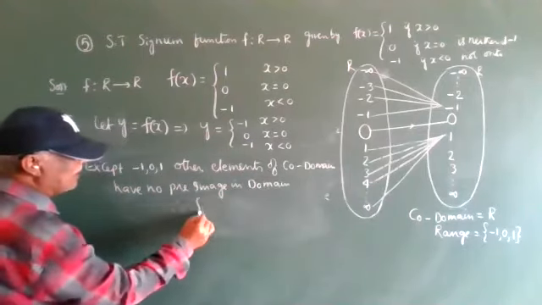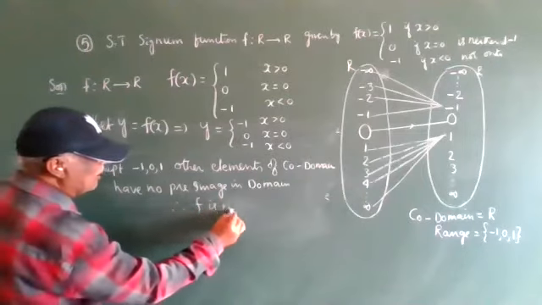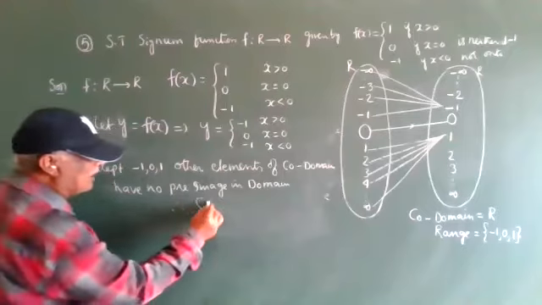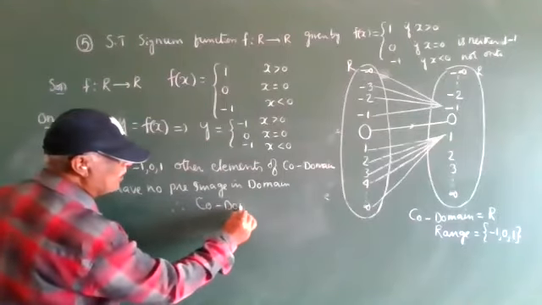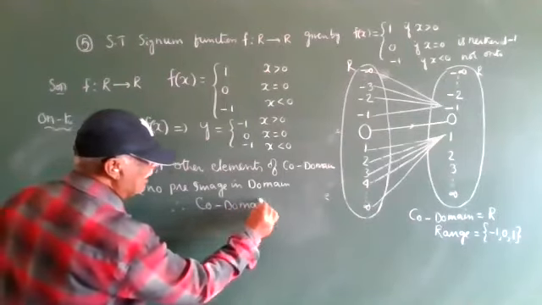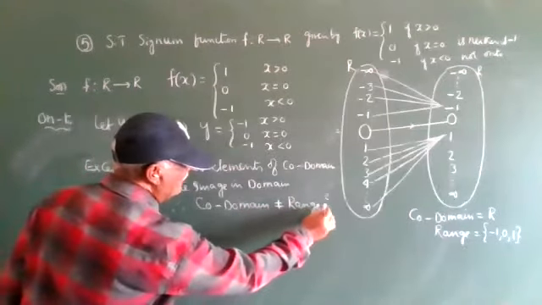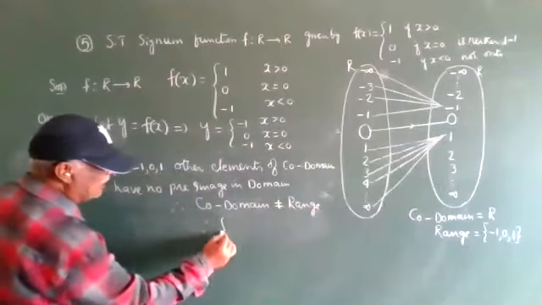Therefore, f is not surjective. Codomain is not equal to range. Therefore, f is not surjective.